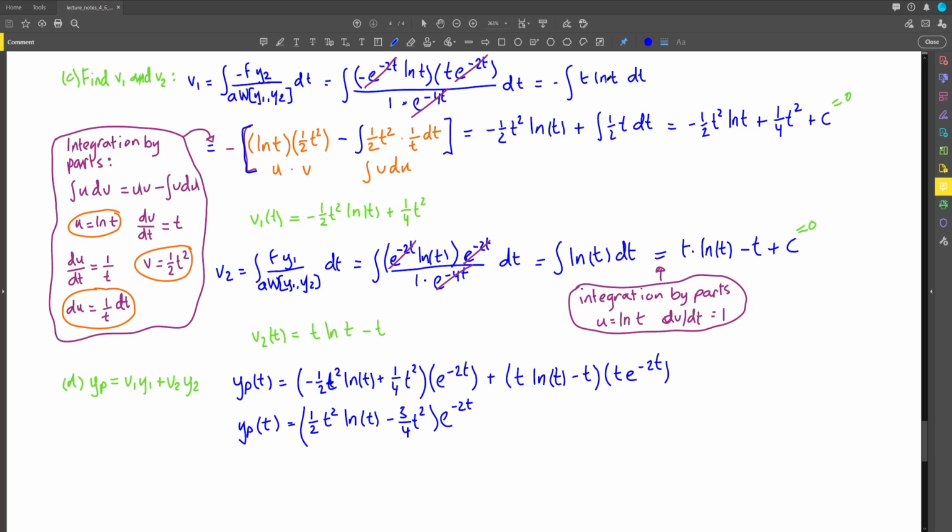And then finally, our general solution, y of t equals the solution to the homogeneous equation plus yp of t, the particular solution.